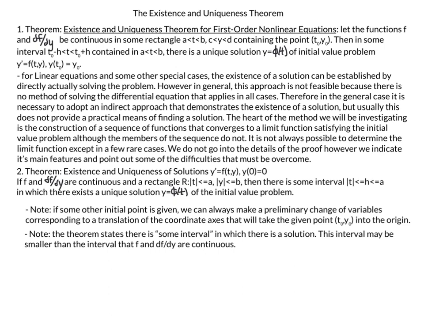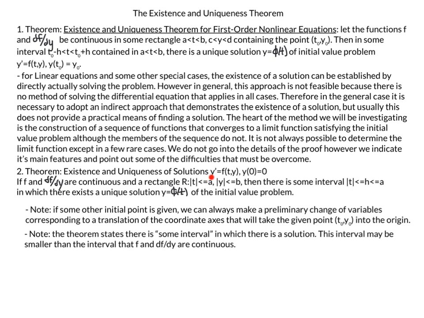Then our theorem says if f and df dy are continuous on a rectangle, and it's a rectangle because f depends both on t and y, where the absolute value of t is less than or equal to a and the absolute value of y is less than or equal to b, then there's some interval, the absolute value of t less than h, where h is at most a, in which there exists a unique solution of the initial value problem.